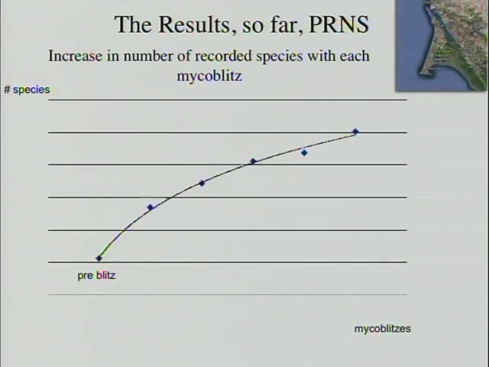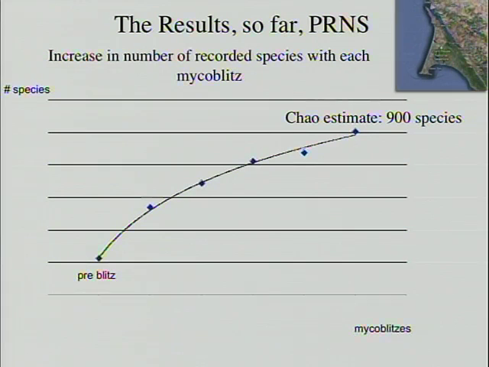So far the results, we are increasing our number of species with every microblitz. We started out with knowing, oh gosh, it's off. All the numbers have gone. So anyway, we have something like 500 species collected. We started out with knowing something like 100 from the park.